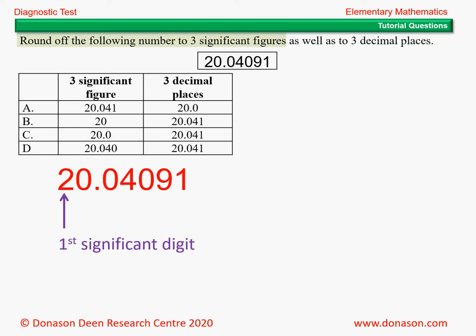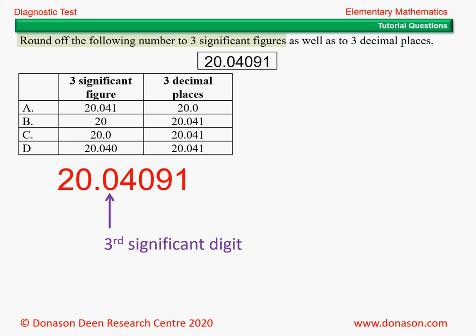So 2 is the first significant figure, and then the 0, which is the digit right after that, as we move from left to right, is the second significant digit, and this 0 is the third significant digit.